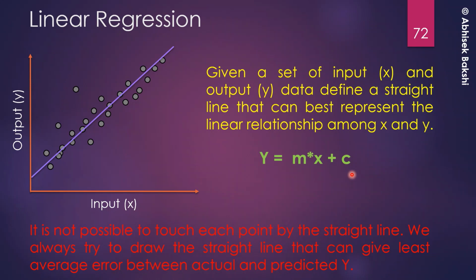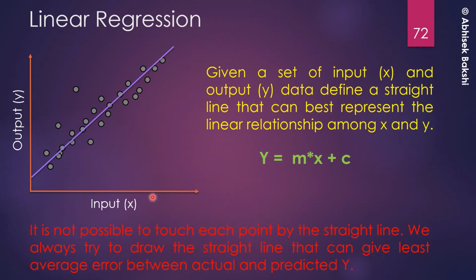But here my intention is not to touch each and every point. The question says a straight line that can best represent the linear relationship, not optimal, in the sense that not each and every point has to be correct. Now if I tell you to draw a straight line in this particular plot, you can draw it in this way, or in this way.